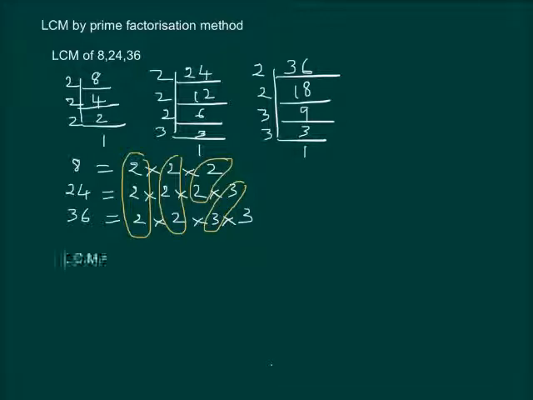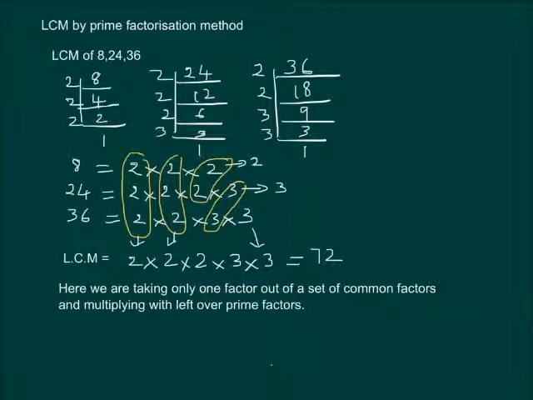Now take only one factor out of a set of common factors. From these we take 2, this set we take 2, this set we take 2, this set we take 3, and multiply with the non-common factors, we get the LCM to be 72.